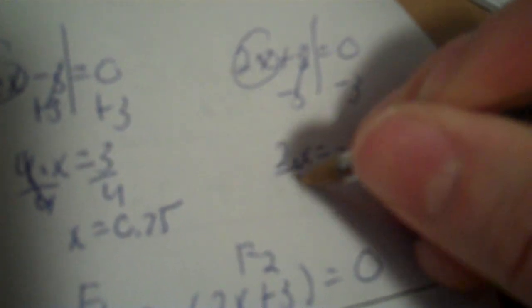And 3 divided by 4 is 0.75. You could also leave it 3/4 if you want. Alright, here you've got times 2, so you subtract 3 and you get negative 3. Then we divide by 2. Negative 3 divided by 2 is negative 1.5. There you go.